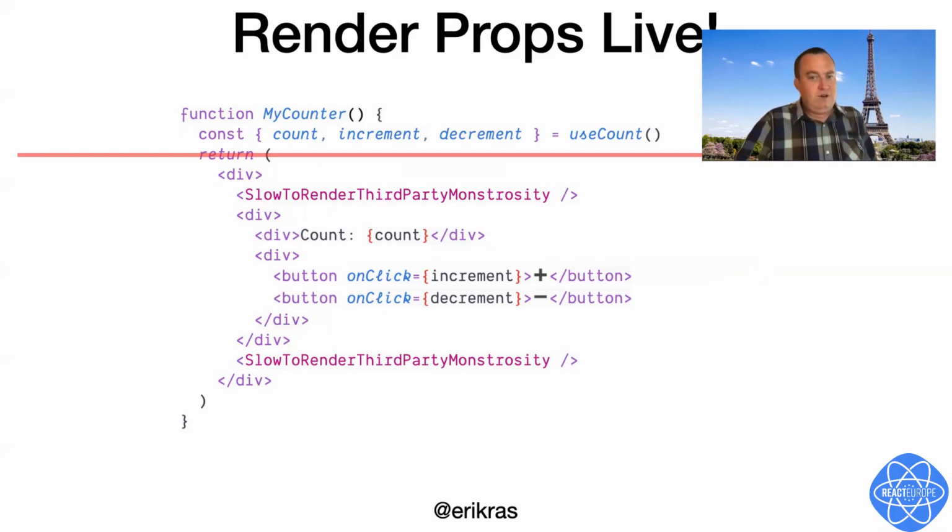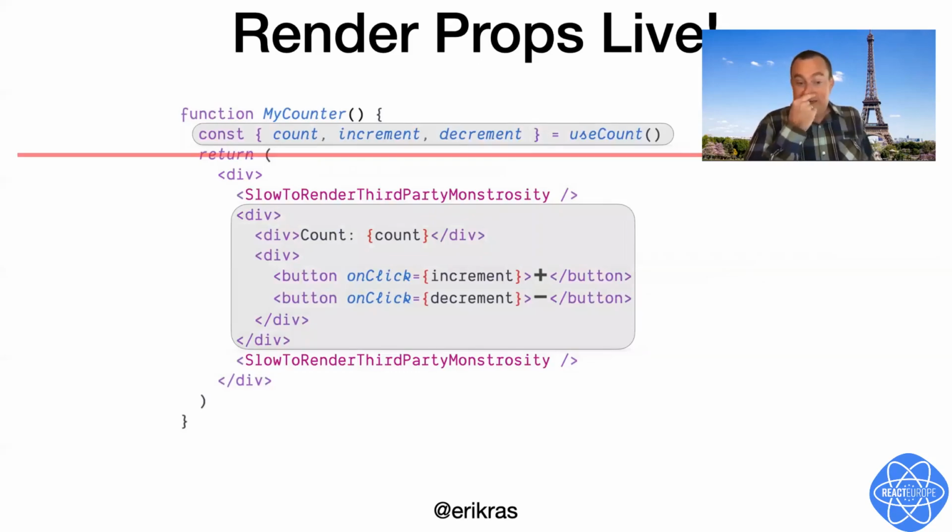Well, one immediately obvious solution would be to take this middle section out and put it into its own component. Take the use count hook out and put it there, and make a little custom component. So this component would look like your slow to render, and then your count component, and then the slow to render.